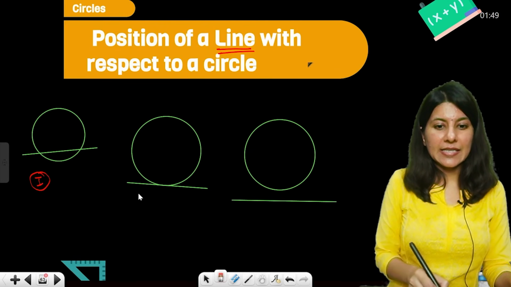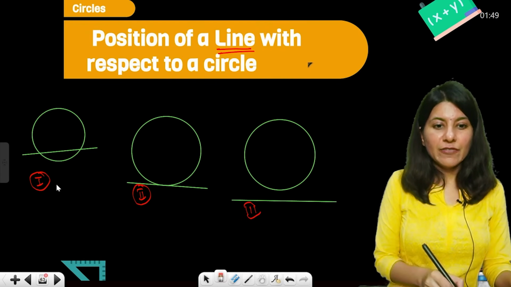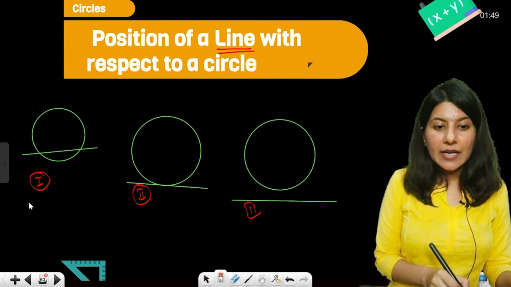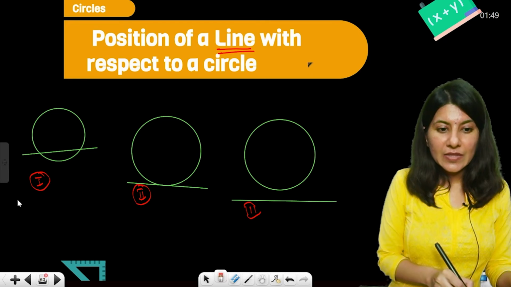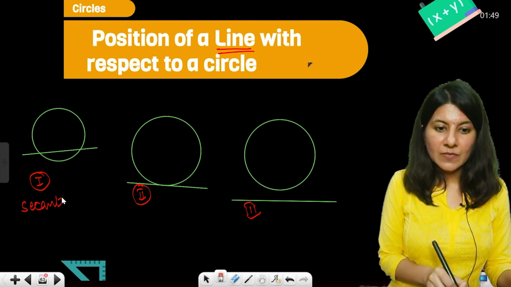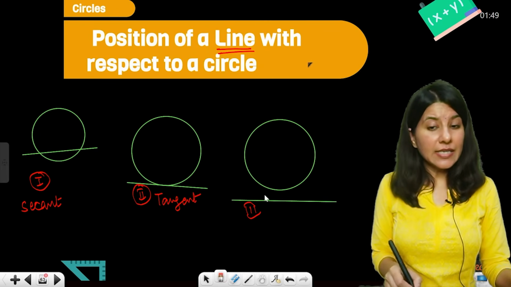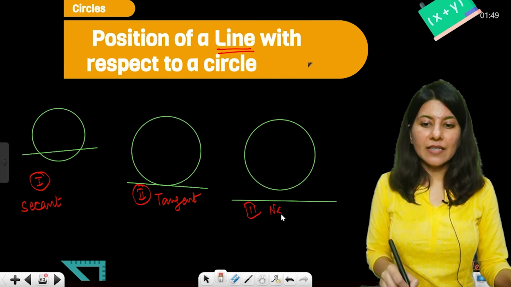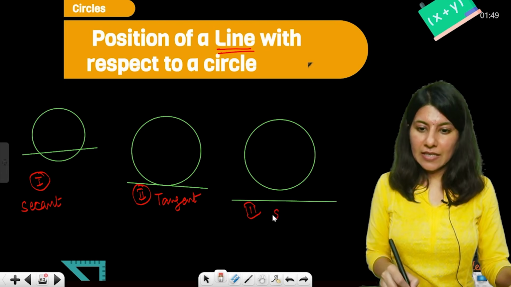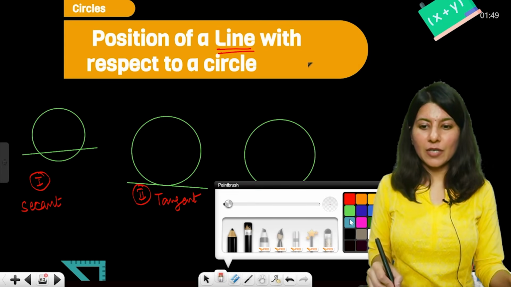First case is when your line is secant. Second is tangent. Third is neither secant nor tangent.